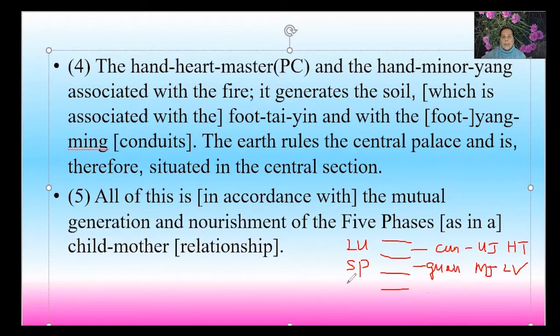And the lower jiao, the kidney, is located in the chi position on both sides.